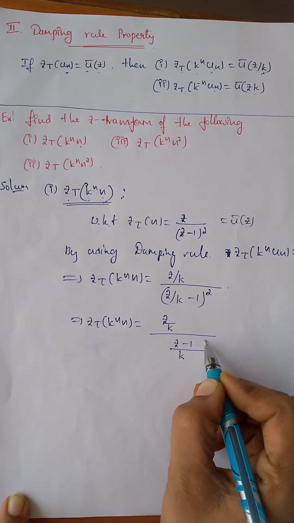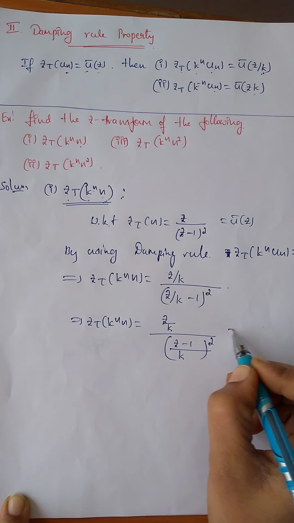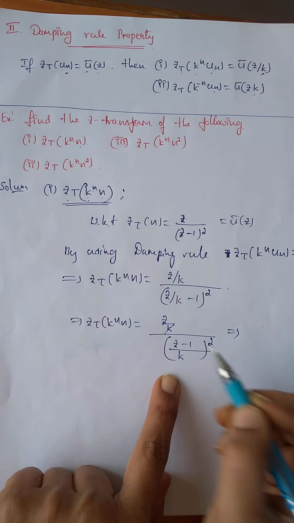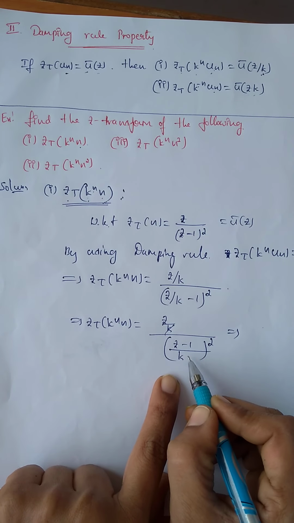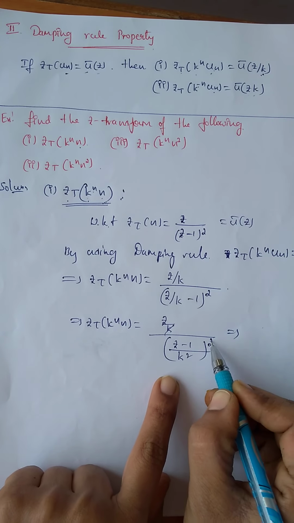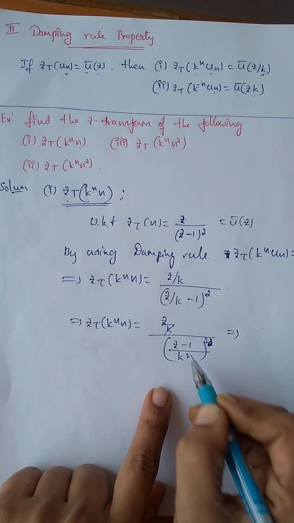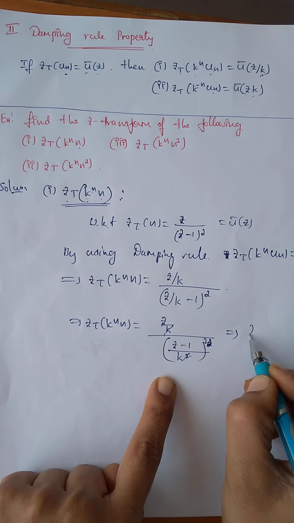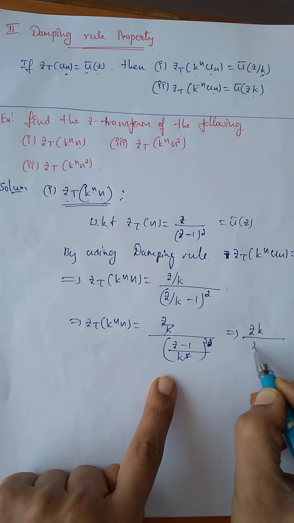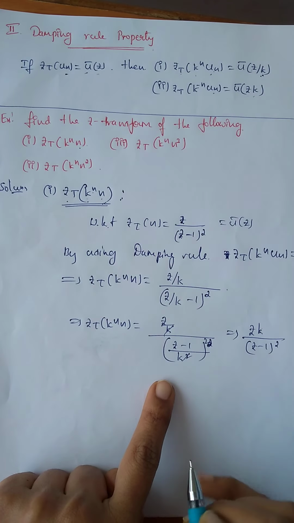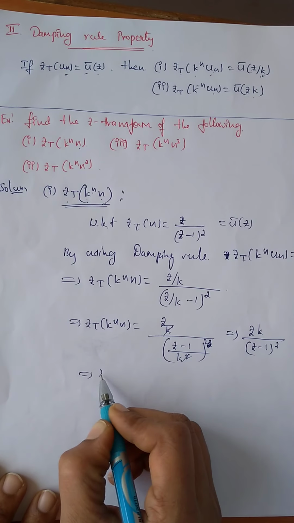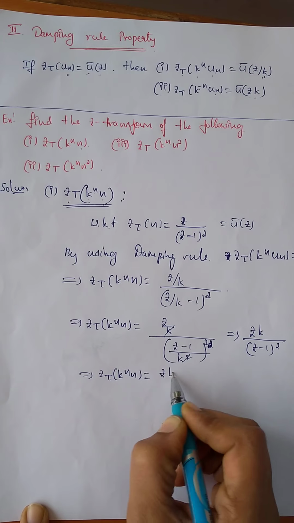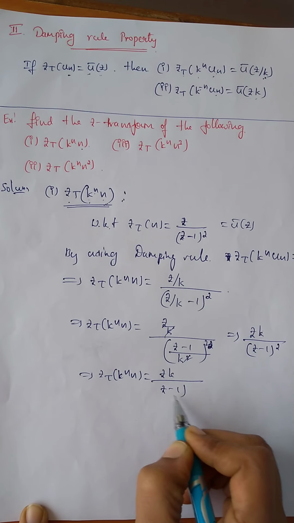We'll get z minus k whole square over k square. Here k and here k square, one k gets cancelled. The remaining one k goes to the numerator. We'll get zk by z minus k whole square. This is the answer for Z transform of k to the power of n into n.